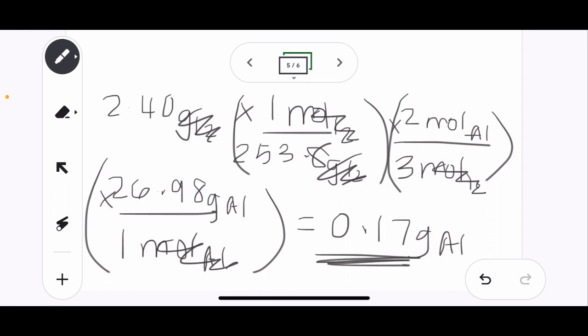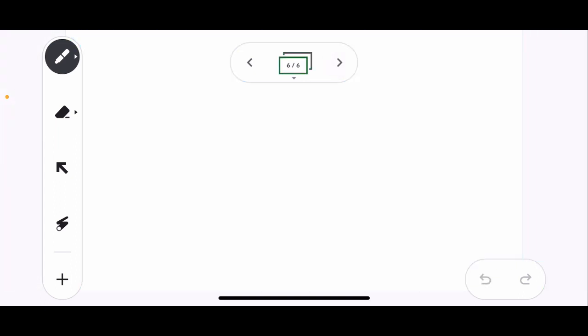So if we do all the calculations, that is the answer we will end up with, and this is the amount of aluminum that is actually used in the reaction. So only 0.17 grams of aluminum is used up in this reaction. So now we know how much excess reactant is used. But if we want to know how much of it is left over, all we have to do is begin with the initial amount of the excess reactant, which is 1.20 grams of aluminum.